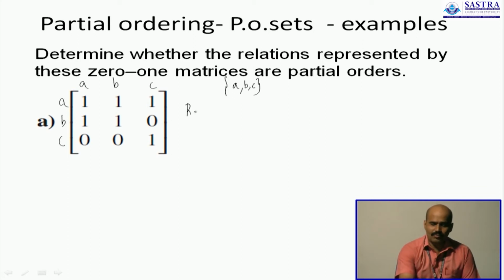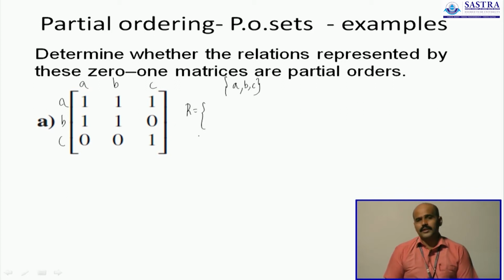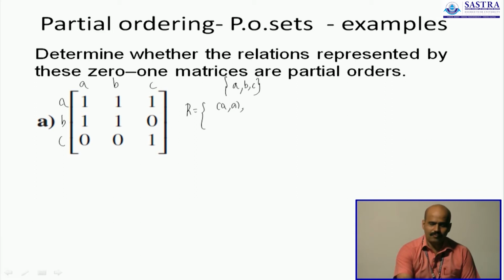So let us write down, at least for this example, the set of ordered pairs that are actually available. We have A comma A, we have A comma B, we have A comma C. This is from the first row.